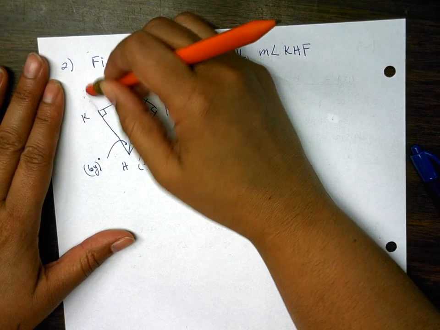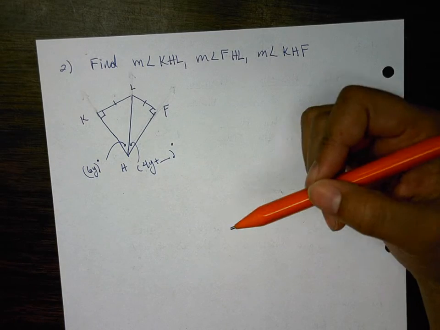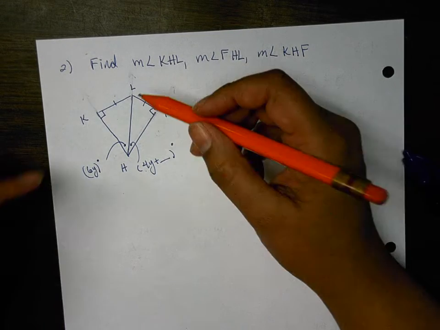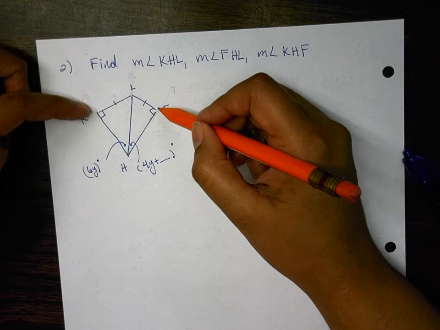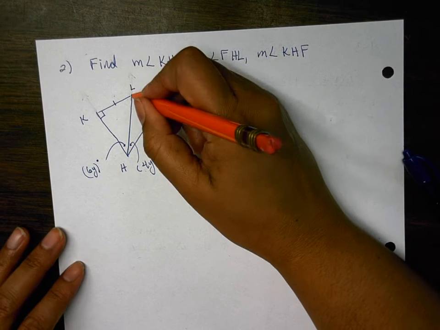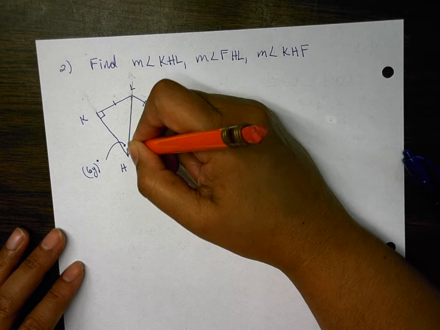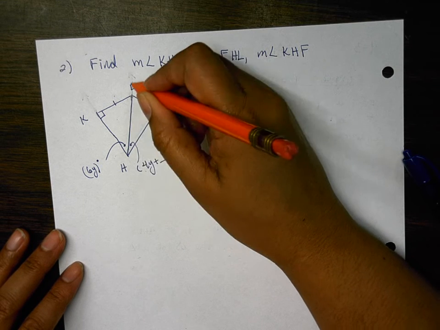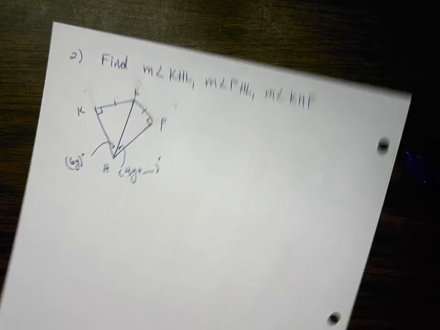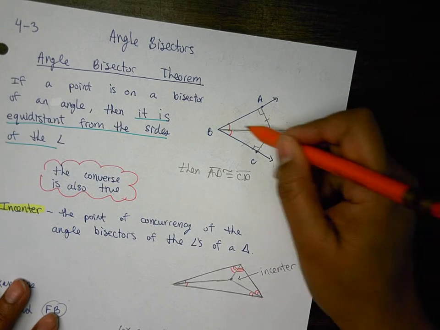So because we're using the converse of the angle bisector theorem, are these 2 segments congruent according to my markings? Which means that L lies on the what? The angle bisector. That's the converse. If these 2 are congruent, then this is the angle bisector.